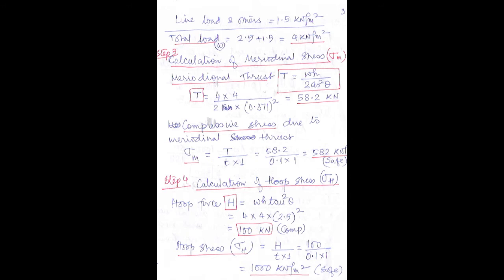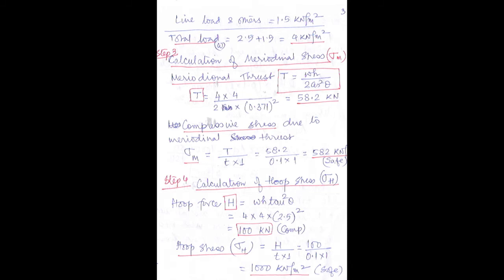Substituting, T value is 0.1 and 1 is the length per meter, because we are finding per 1 meter length. This gives the meridional stress sigma m as 582 kilonewton per meter square. So this value is safe.